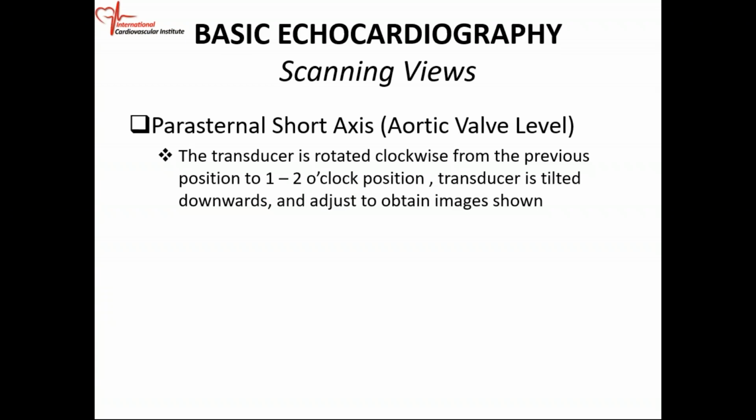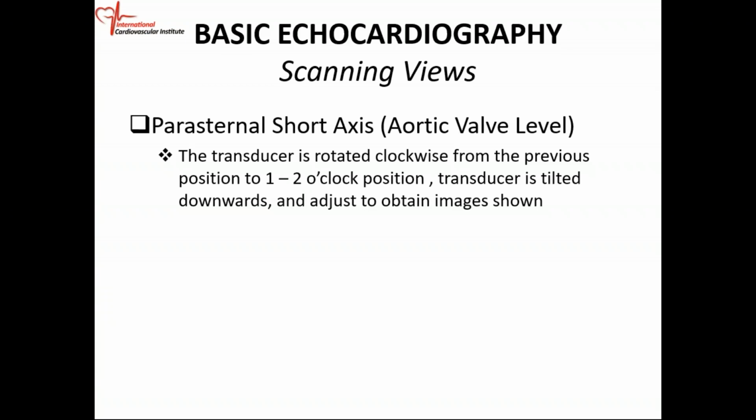And then once you tilt it upwards, gradually tilting it upwards, you're going to move from the apex to the mid cavity, and then to the base, and then to the short axis at the level of the aorta. So it is gradual, and when you're doing echo, there is no abrupt movement.